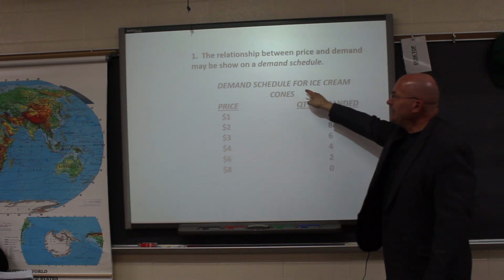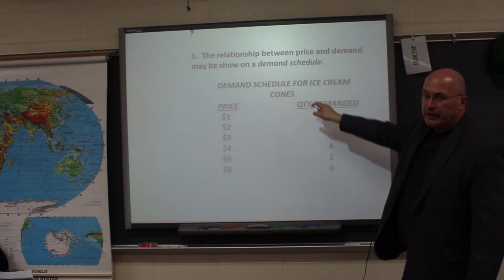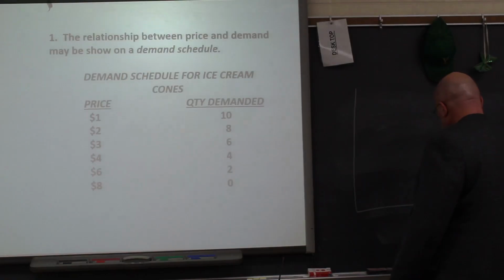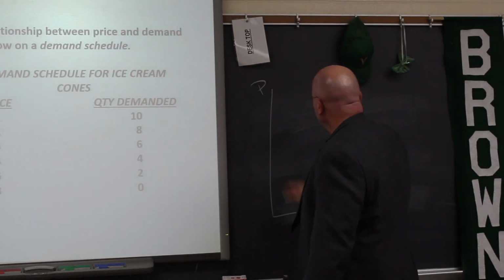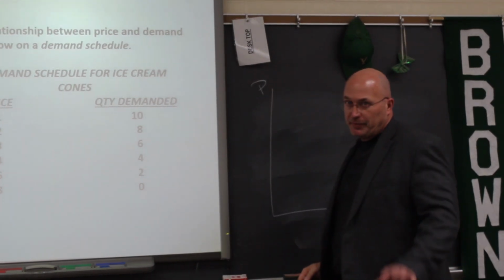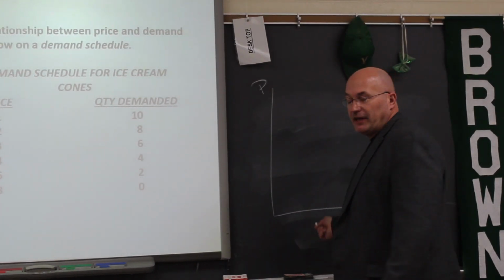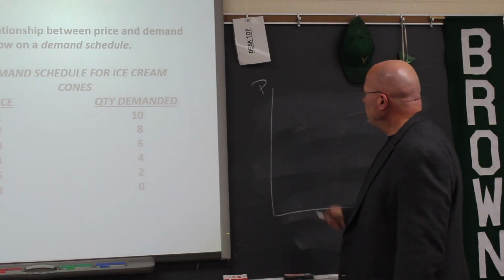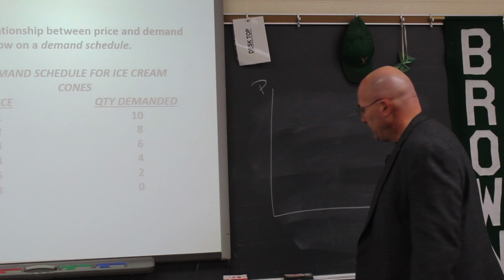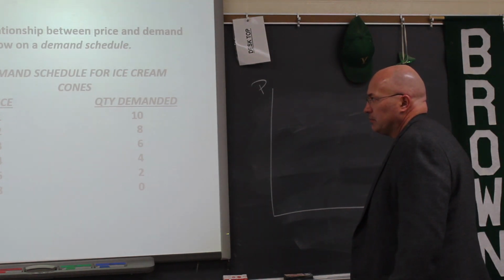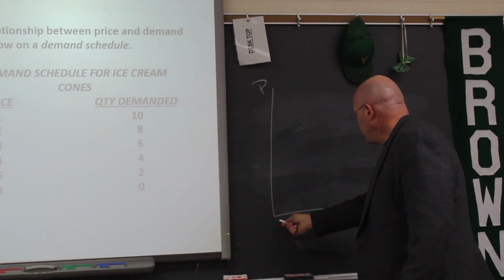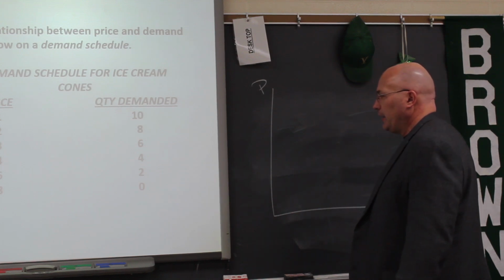Now, I can take that demand schedule and I can graph it. Now remember, when we're talking about graphs, what are we doing? We're telling a story. The story that we're telling is the relationship between price and quantity. We always put price on the vertical axis, and we always put quantity on the horizontal axis.